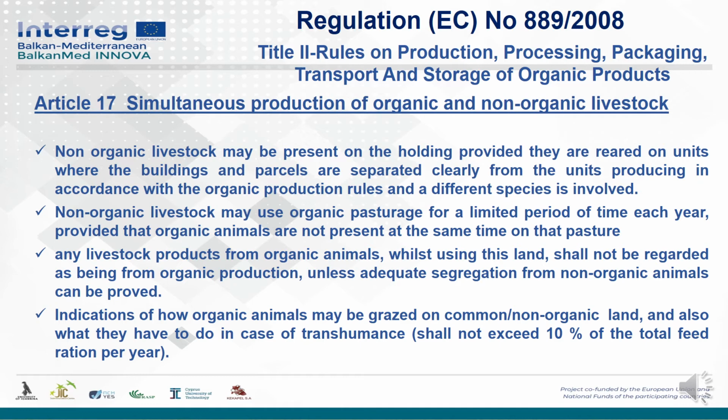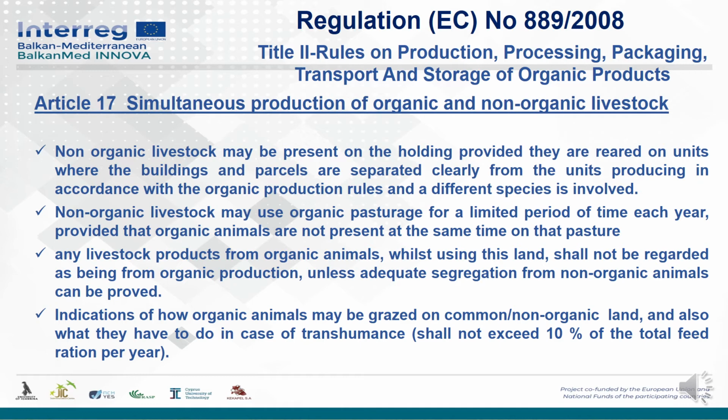Non-organic livestock may use organic pasturage for a limited period of time each year, provided that organic animals are not present at the same time on that pasture. Any livestock products from organic animals whilst using this land shall not be regarded as being from organic production unless adequate segregation from non-organic animals can be provided.